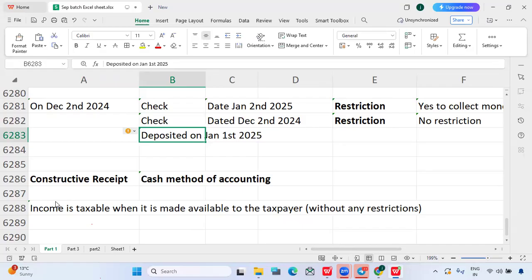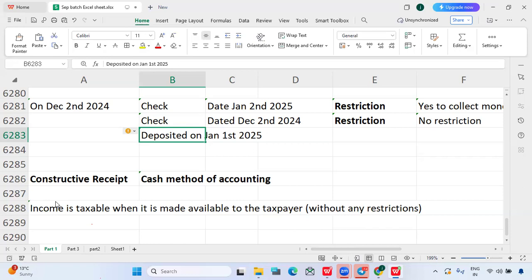If you want to deposit now, you can deposit now and take the money. And if you deposit in the next year, that is your wish. For IRS purposes, you have already received income, so you pay tax now itself. Don't wait till 2025, because there are no restrictions to collect the money. So why would you wait for next year? There is no logic, right?